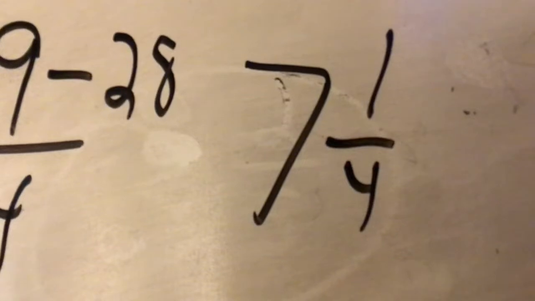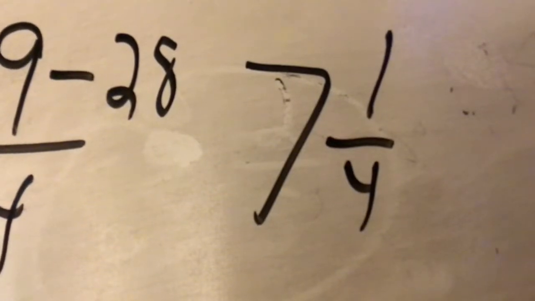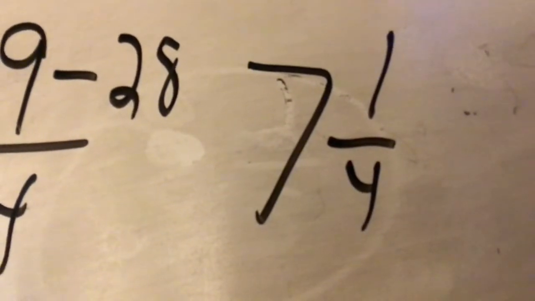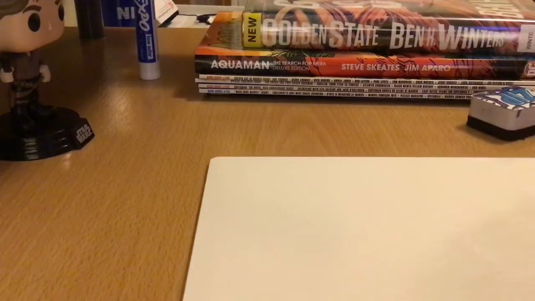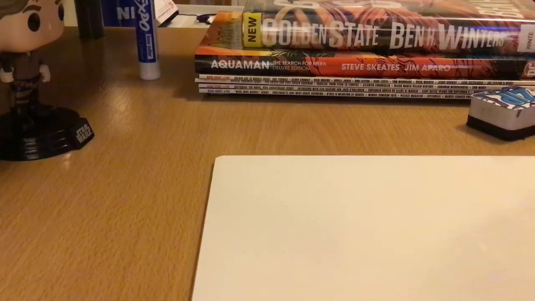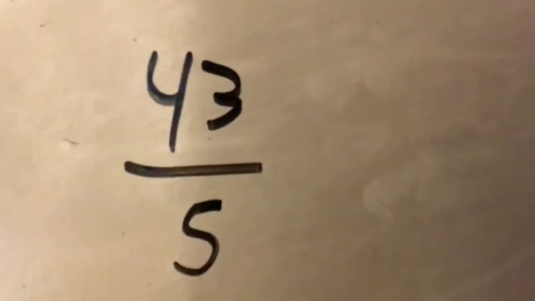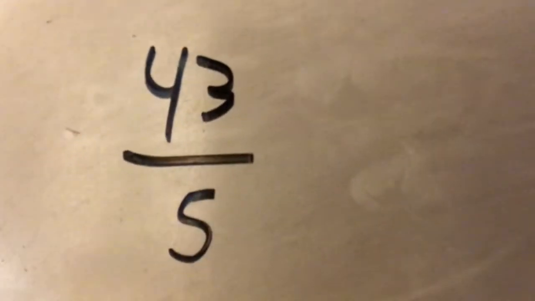Okay. All right, so I'm going to have you do one on your piece of paper here just to make sure we've got it down. Let's go ahead and do 43 fifths, okay? 43 fifths. You go ahead and convert that into a mixed number. I'll give you a second.